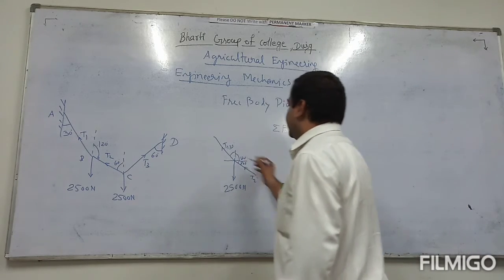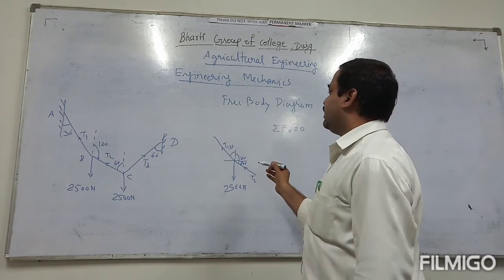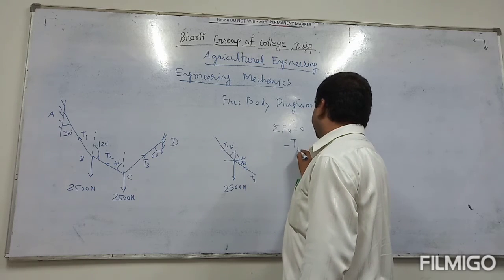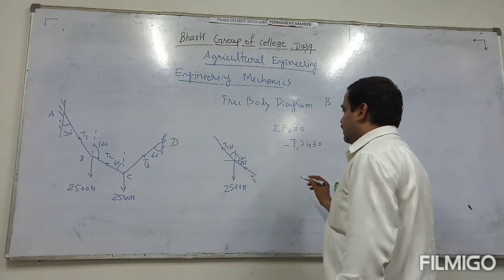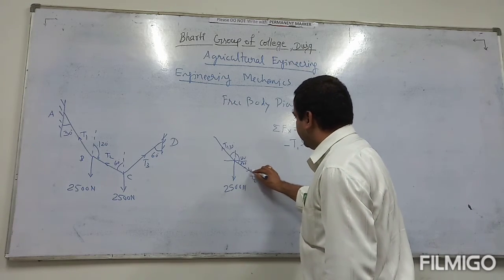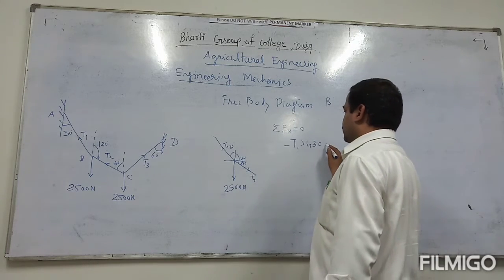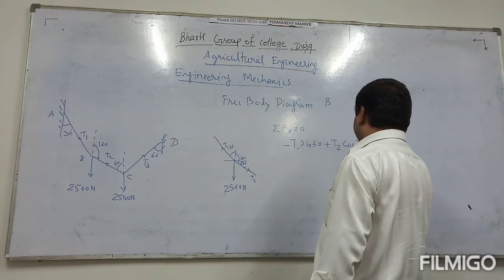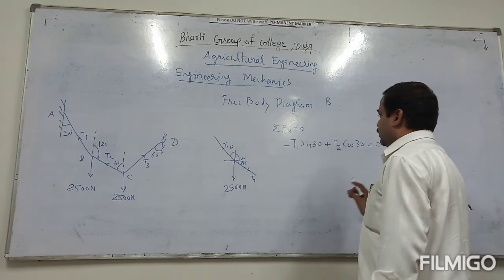This T1 is in this direction, T1 sin 30 minus T2 cos 30, and if we take T2 in this direction, that will be good, that is equal to 0.